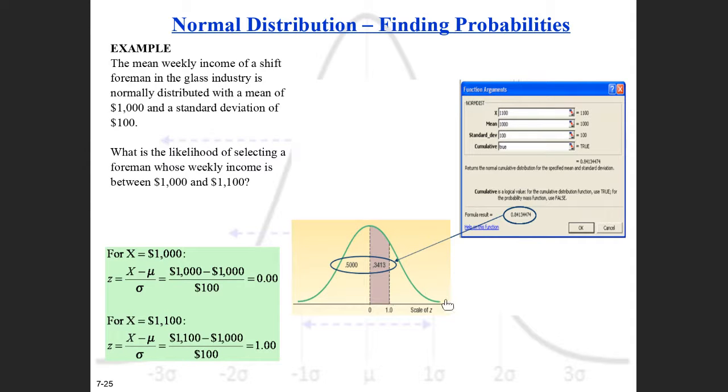So, if you want to guess or you think it's a logical guess, what is the likelihood of selecting a foreman whose weekly income is between $1,000 and $1,100 from this information? No one? All right.